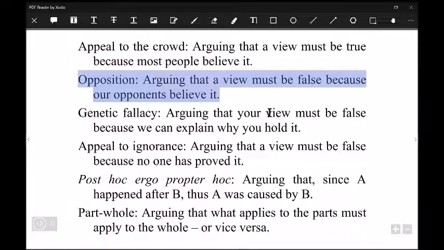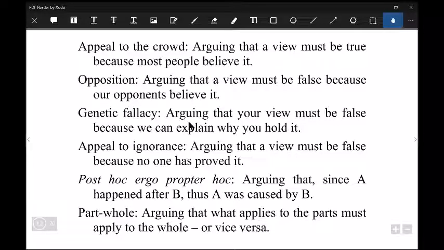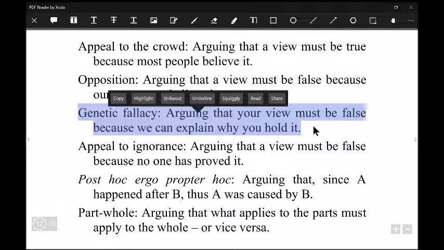The genetic fallacy is where you argue that your view must be false because we explain why you hold it. So we can say, well, we can explain your political views or religious views in terms of how you were brought up. Therefore, your views are false or unsupported or something else, well, not good reasoning.